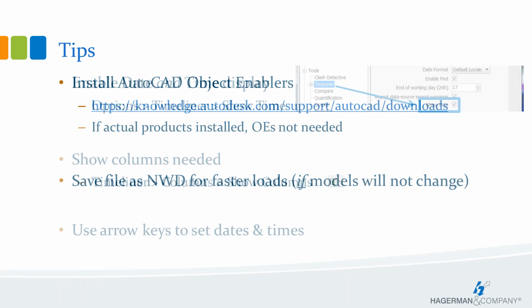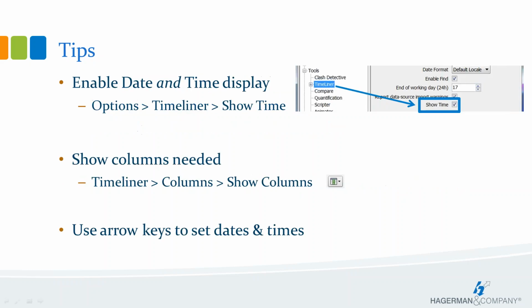Next tips. We talked about the time display. That's in the Navisworks options. If you need hour-by-hour control over your tasks, then I recommend turning that option on, since not all project schedules are going to abide by an 8 to 5 schedule, right? So if that's not an issue for you, then you may not need to turn that on.